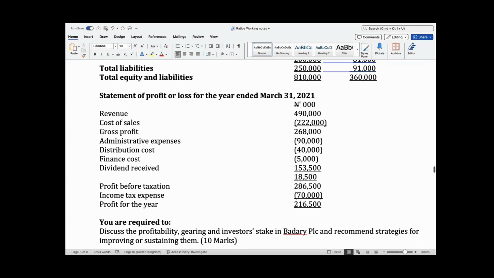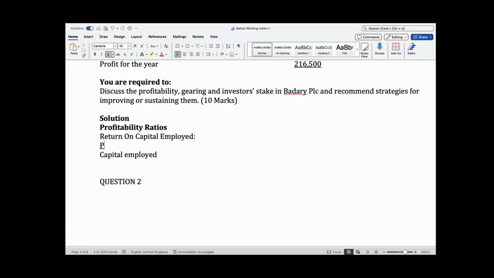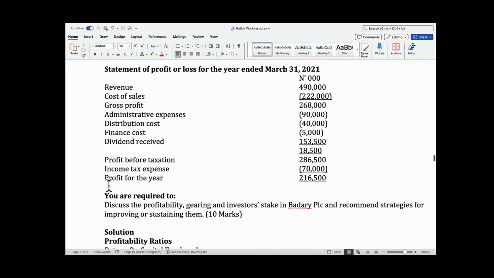I'm going to be looking at 2 years. Now, I don't have that much time. So the examiner didn't give me profit from operations. So I'll just use profit for the year, 216,500, divided by, what's my capital employed?